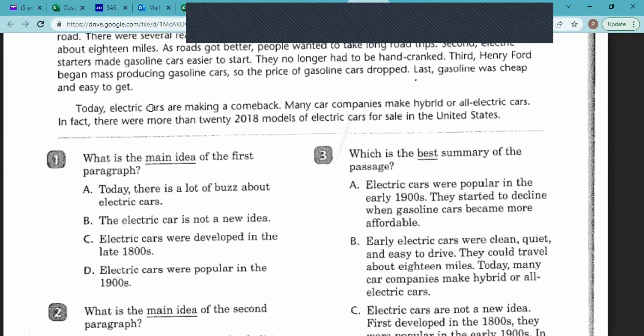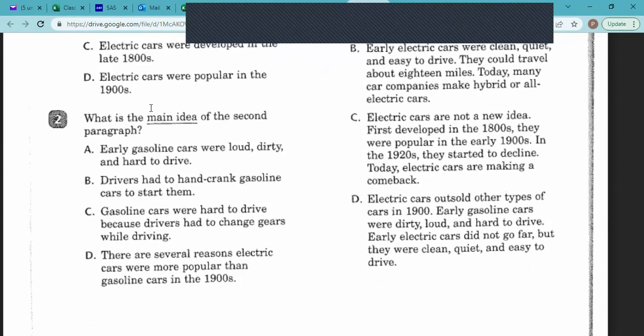Okay, now go back down and take a look at your answers. Go ahead and pause your screen. All right, so your answer to number 2 would be D. There are several reasons electric cars were more popular than gasoline cars in the 1900s.